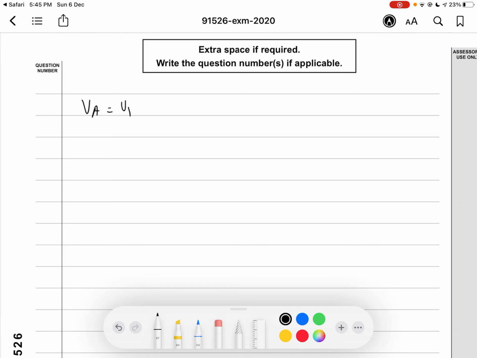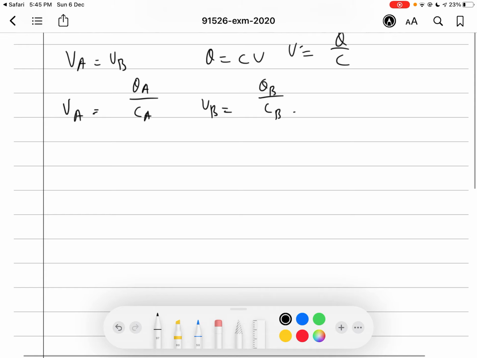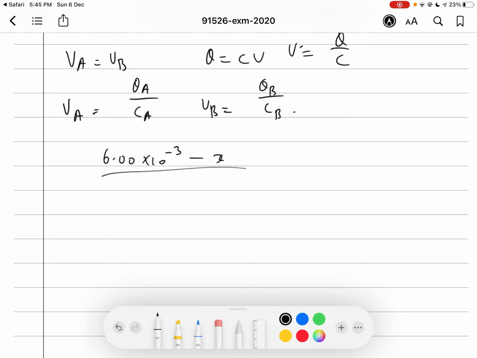We know that the voltage at A is equal to the voltage at B, and we know that Q equals CV, so Q over C equals V. So V of A equals the charge of A over the capacitance of A, and V of B equals Q of B over the capacitance of B. For A, we have our initial charge, 6 times 10 to the power negative 3 coulombs, minus some amount X of charge that flows off the plate, which we don't know yet, divided by the capacitance, 1.2 times 10 to the power negative 4.